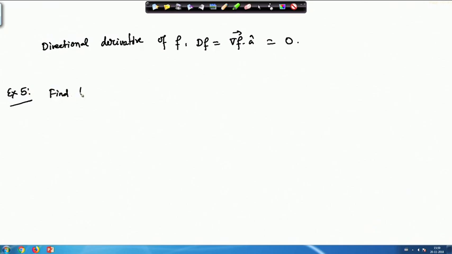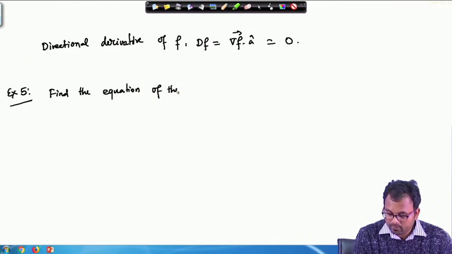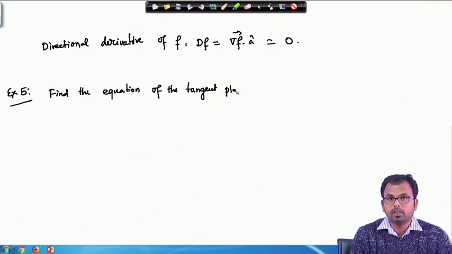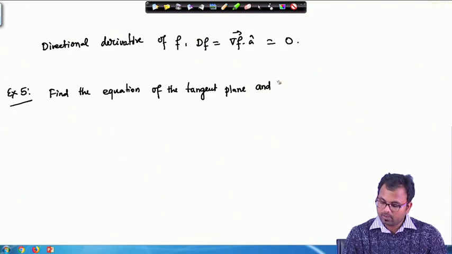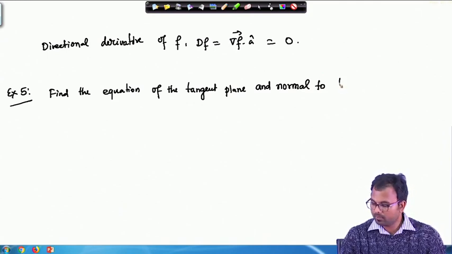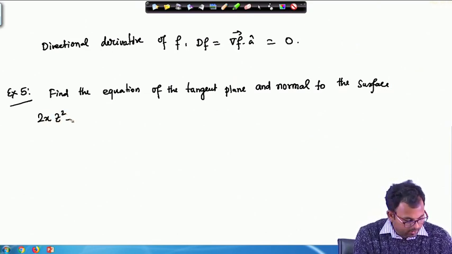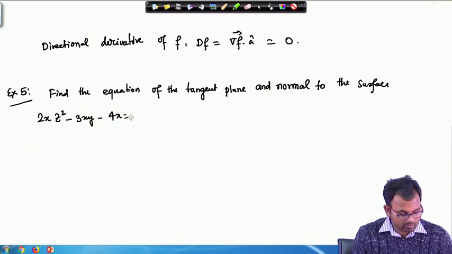Find the equation of the tangent plane and normal to the surface 2xz² minus 3xy minus 4x equals 7.